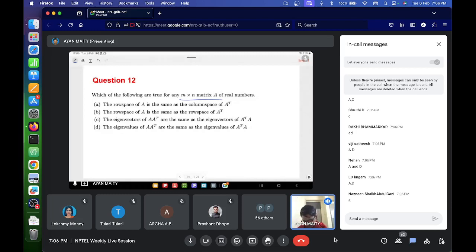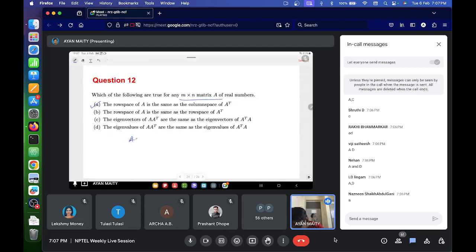So option A is obviously correct, that the row space of A is the same as the column space of A transpose. That is the definition of transpose, that rows become columns, columns become rows. So option A is certainly correct. Now for the eigenvalue and eigenvector for A transpose.